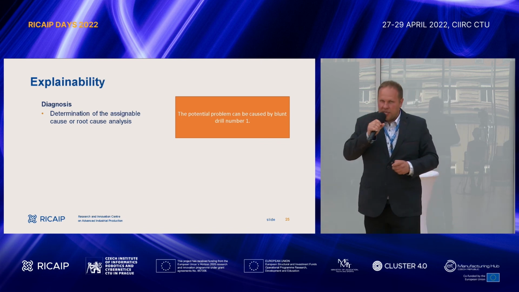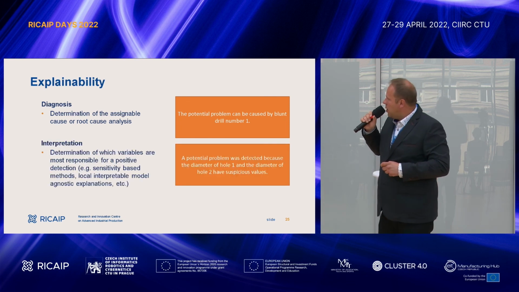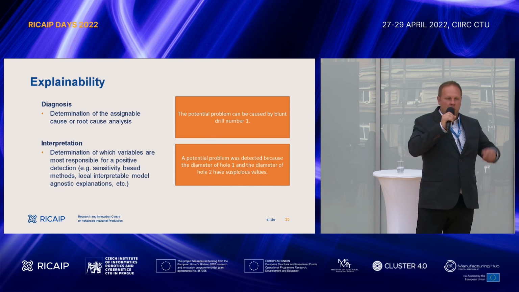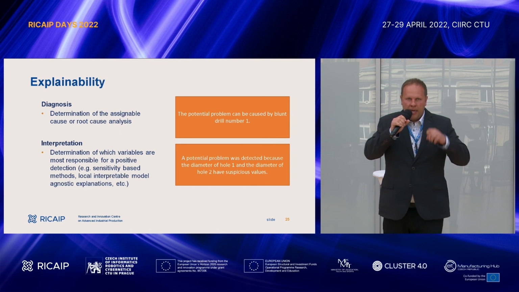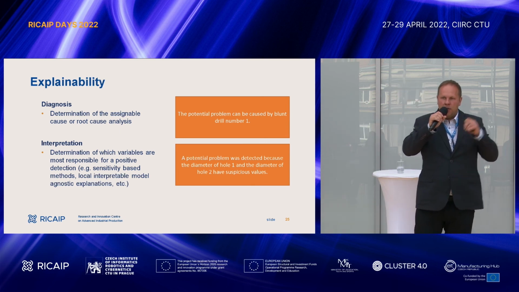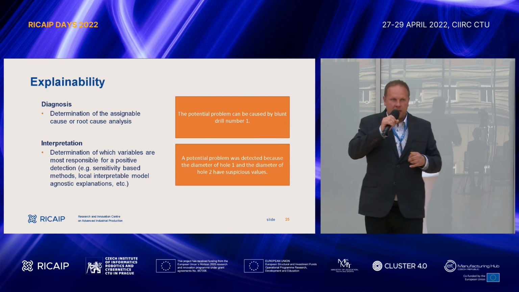When we speak about explainability, which was also mentioned today, we should also mention interpretation, which is something the quality operators understand too. If they get an alarm, they want to know which quality characteristics caused the alarm, which were responsible for that.